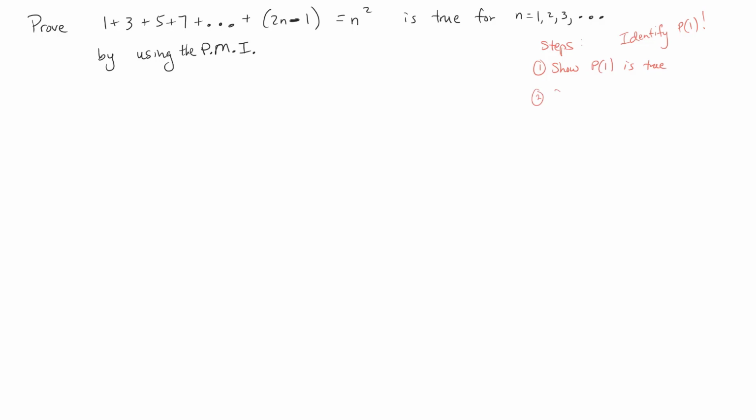2, you're going to suppose P of k is true for some k value, or a fixed k, or you could even say particular k. Okay, it's just a fixed k value. And then 3, you got to identify and prove P of k plus 1 is true, right?